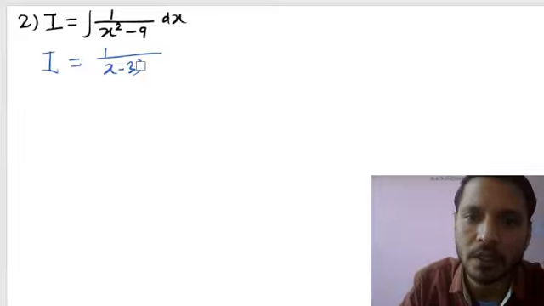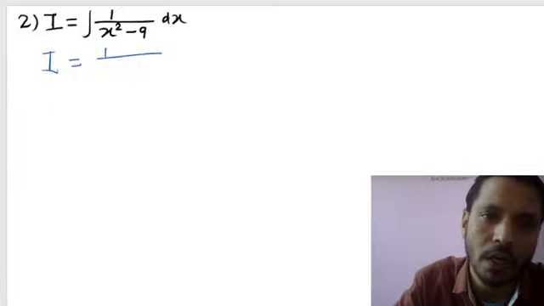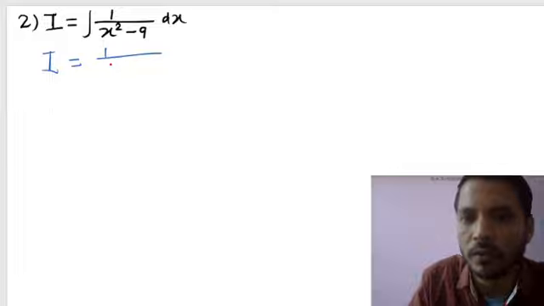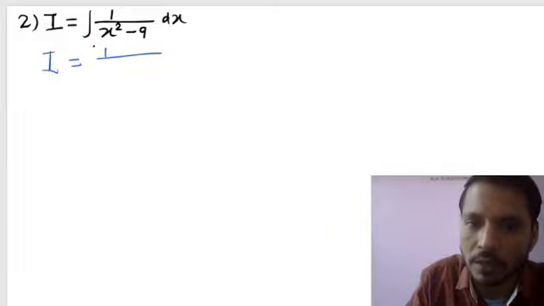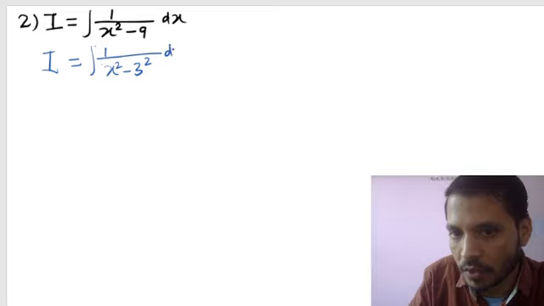It is in the form of x square minus a square, and we already know the formula. Here we will write integration of 1 upon x square minus 9, and this 9 can be written as 3 square, into dx.